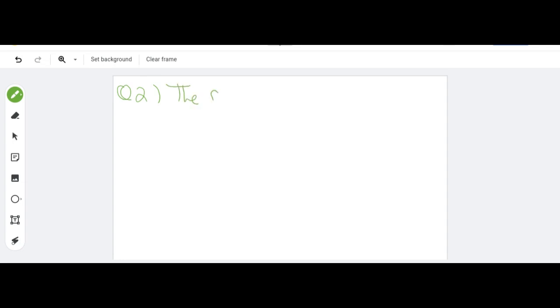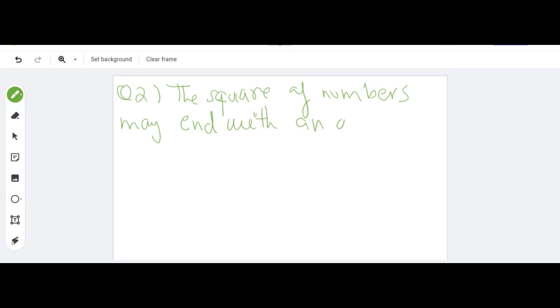The square of numbers may end with any one of the digits 0, 1, 5, 6 or 9.